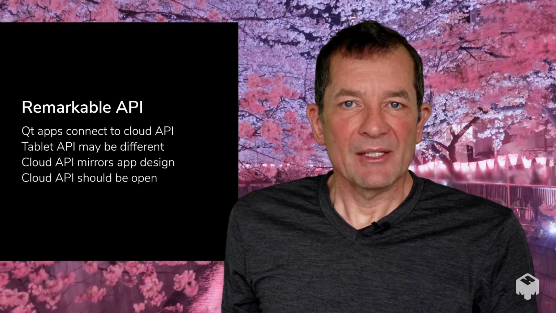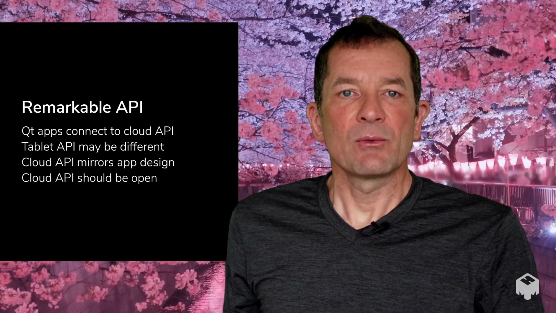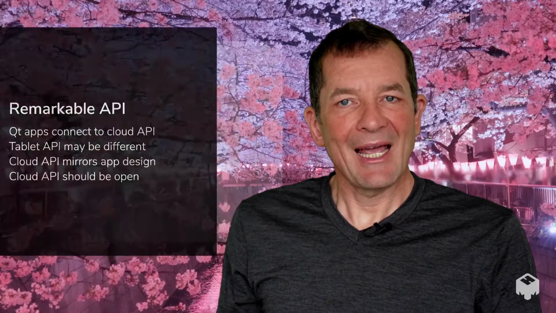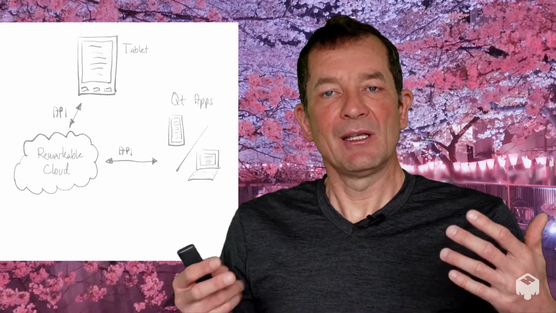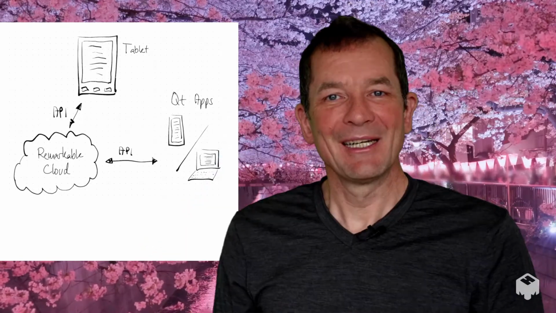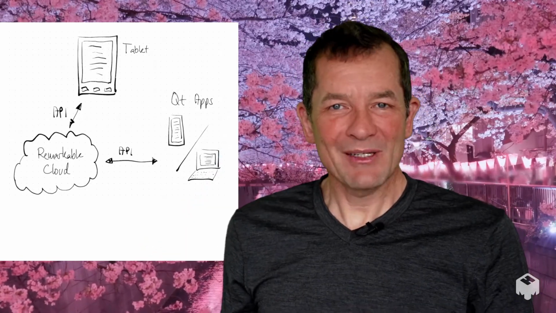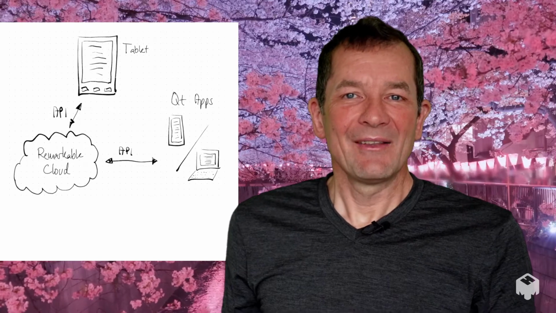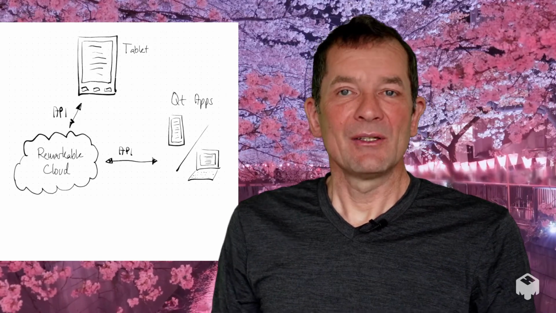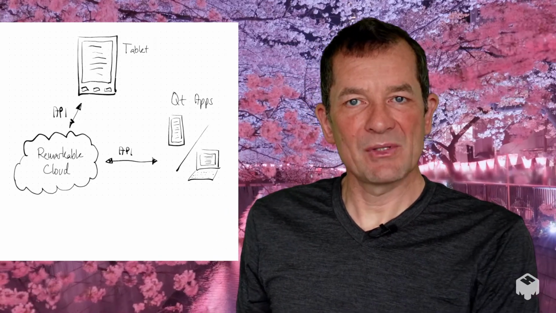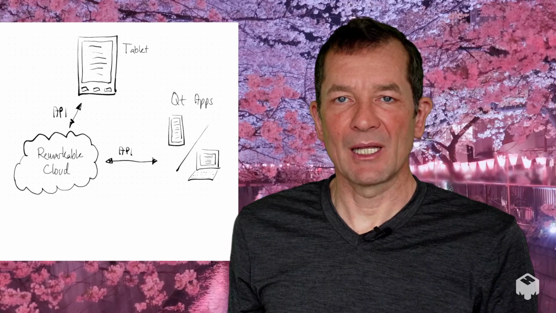There's actually two APIs, right? There's one API that works between the tablet and the cloud, as you can see here in my wonderful tablet-created illustration. So there's one API that connects the tablet with the cloud, and then there's another API that connects the cloud with these apps that Remarkable is doing.